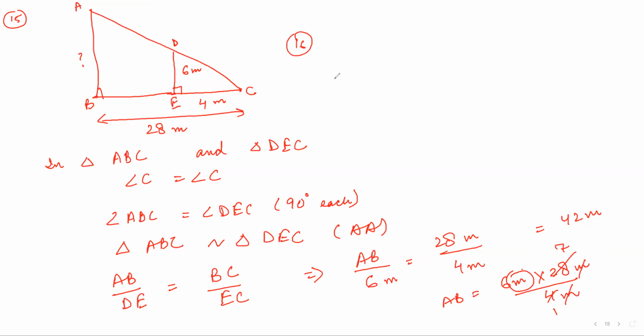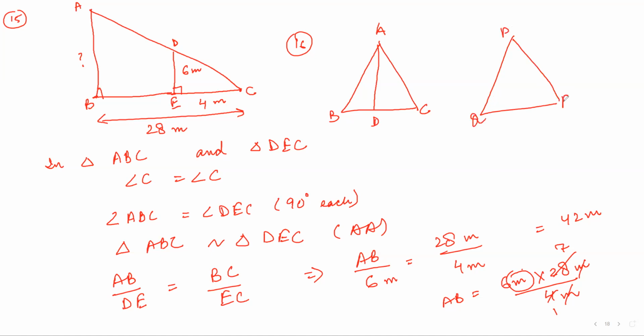If AD, PM are medians of triangles, so again you have two triangles, ABC, and AD is the median. Similarly, you have another triangle, PQR, and then PM is the median. This time it is given that triangle ABC is similar to triangle PQR.